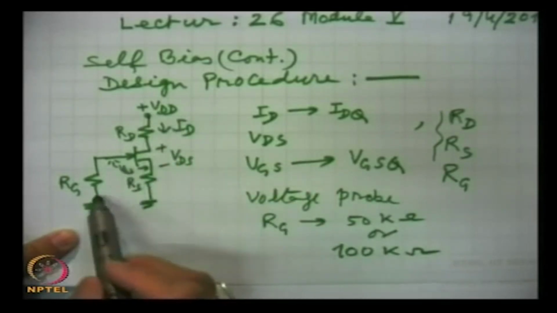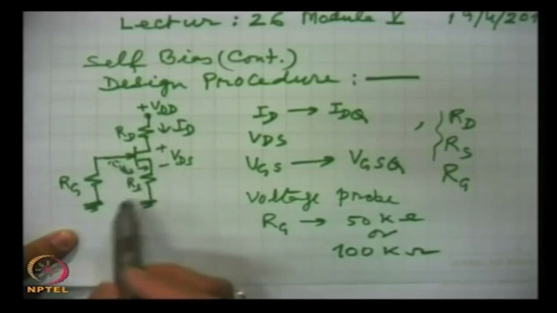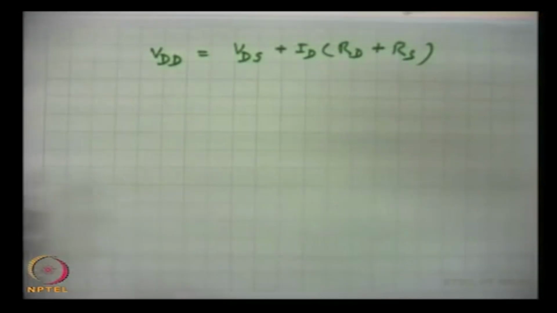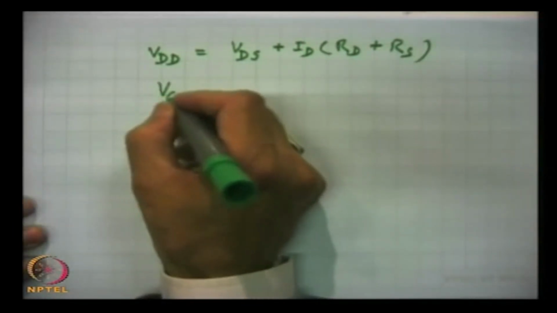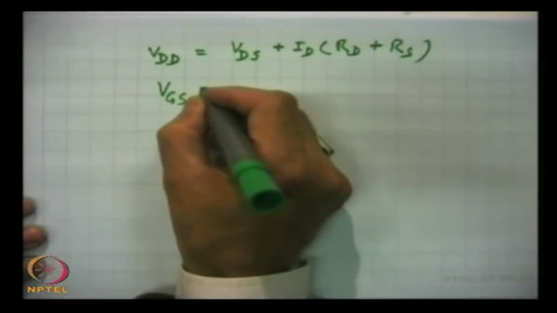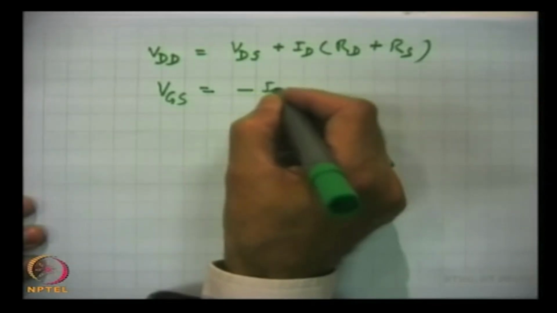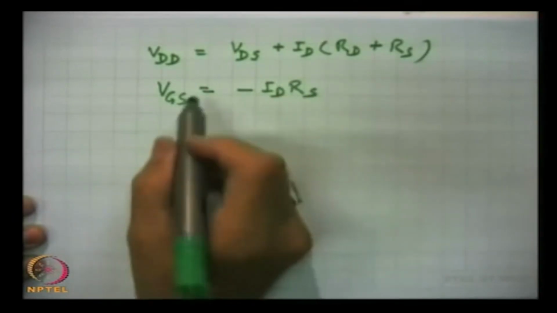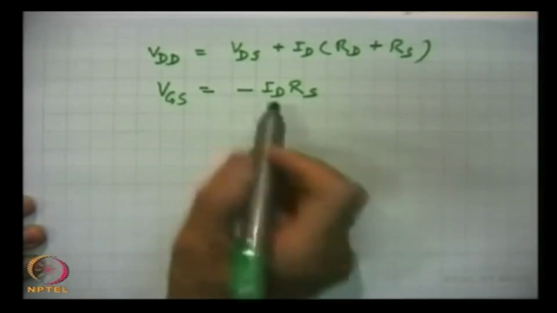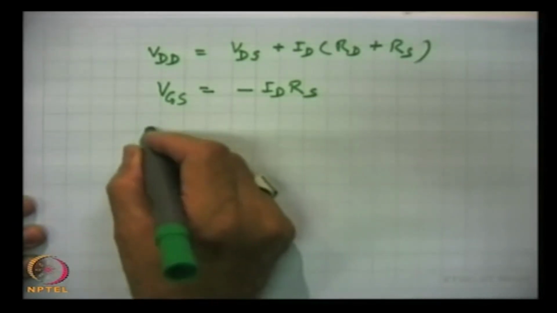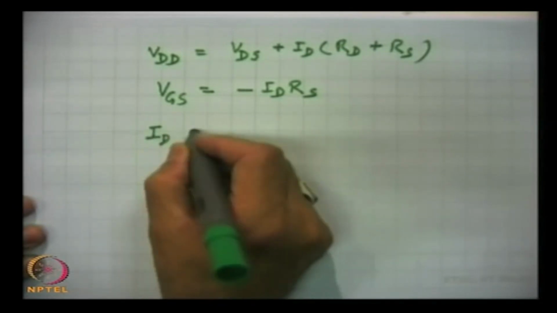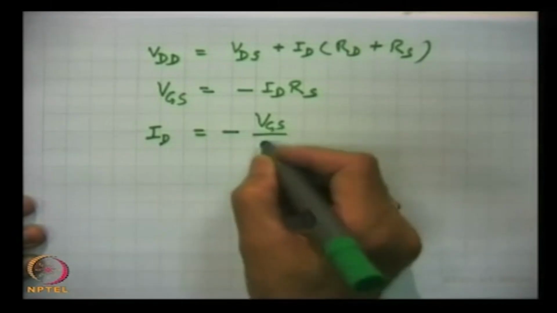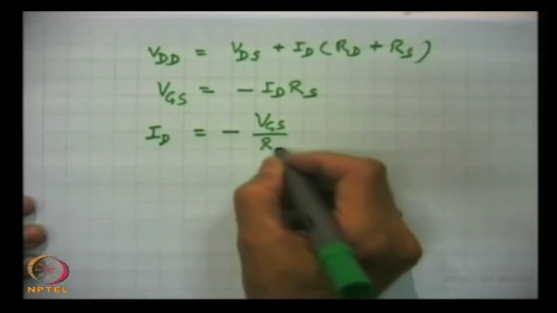Another equation is obtained when we sum up voltages here, and from there came the equation V g s equal to minus I d R s. This can be written in the form I d, the drain current, is equal to minus V g s by R s.